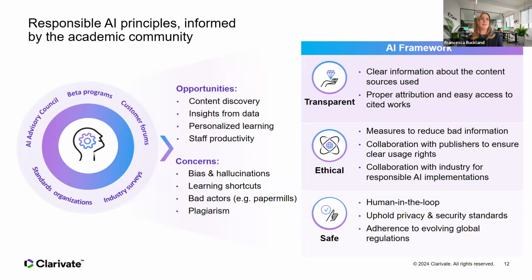We remain absolutely committed to these principles, keeping research and learning integrity at the heart of everything that we do. And these structures, the community feedback that I'm talking about, allow us to receive absolutely critical feedback that we need in order to ensure that our products are developed in ways that are both valuable and also aligned with academic values. And it helps us to adhere really to ethical AI principles.